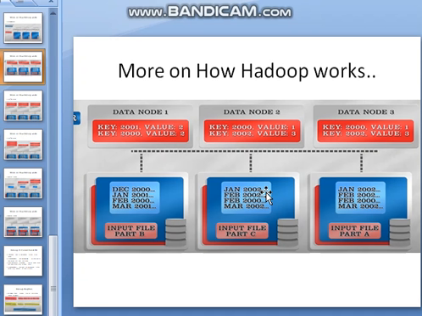For example, year 2001 appeared 2 times, so the key value is 2 in data node 1. Similarly, in data node 2, the year 2000 appeared 1 time, so the key value is 1. Like that, the key values are stored in data nodes 1, 2, and 3.